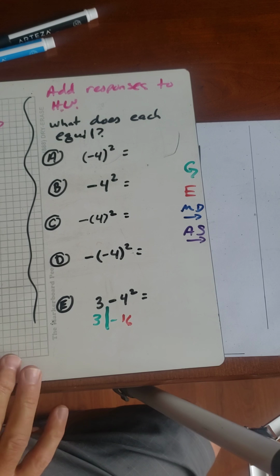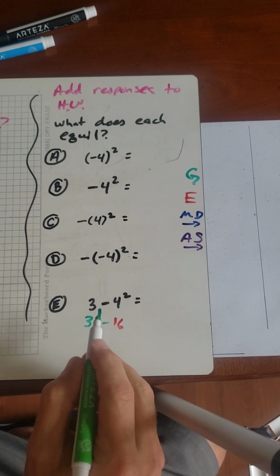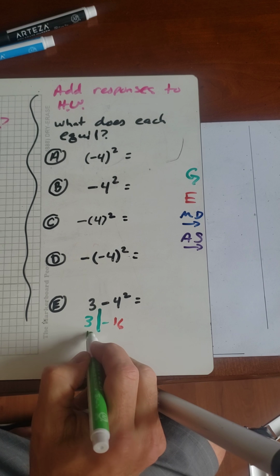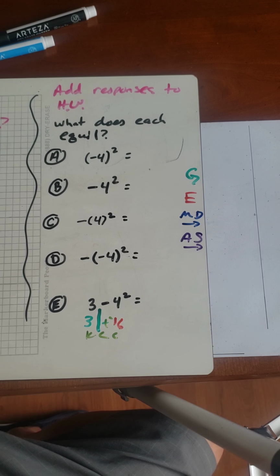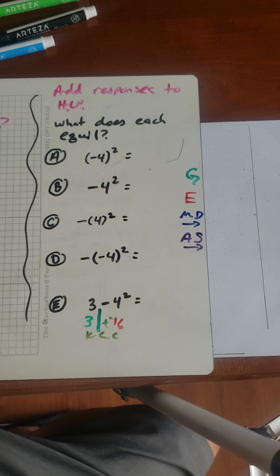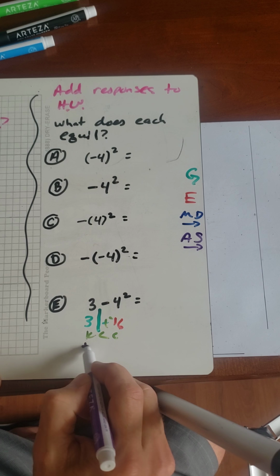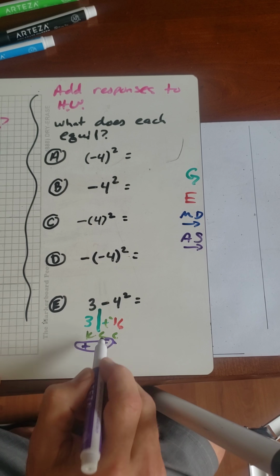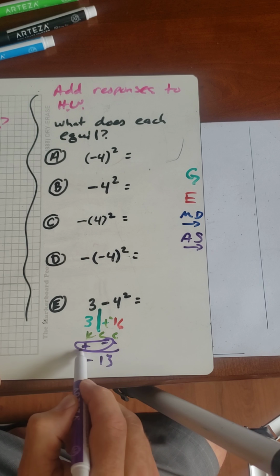So now I end up with 3 minus 16, and you might do keep, change, however you do that, and then you end up with 1 plus 2 minuses, circle one of each, and I get negative 13 for my answer.